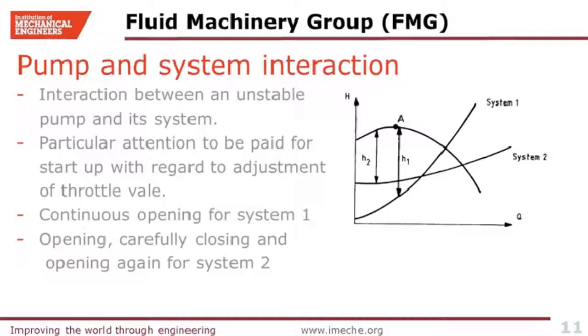So assume that we want to start this pump in each system. The discharge valve is closed, so the pump is starting against the closed valve from the shut-off point.